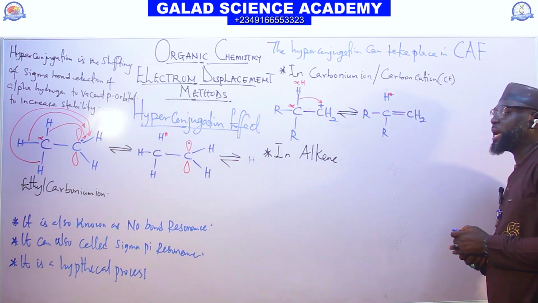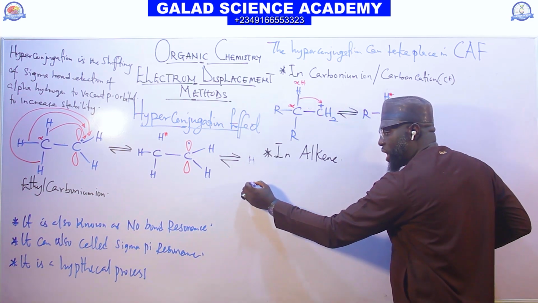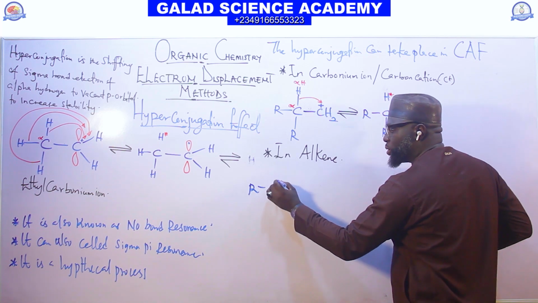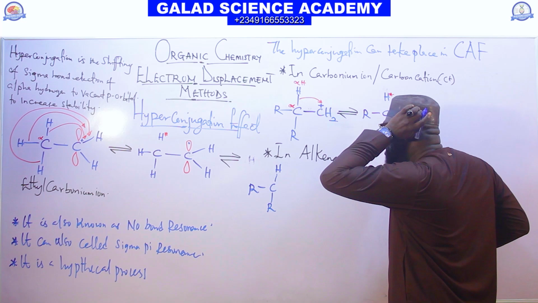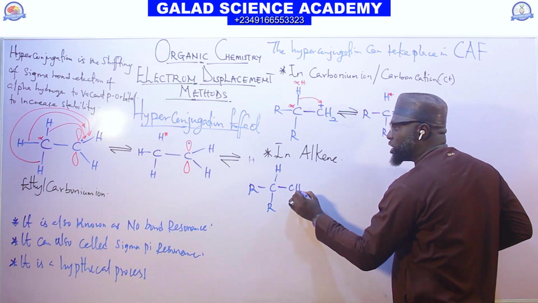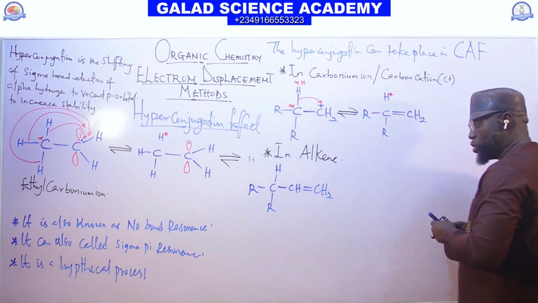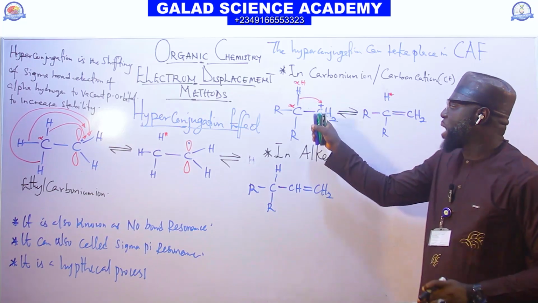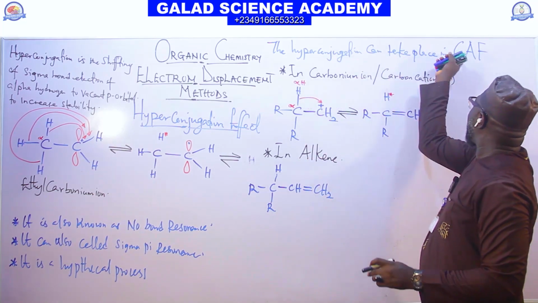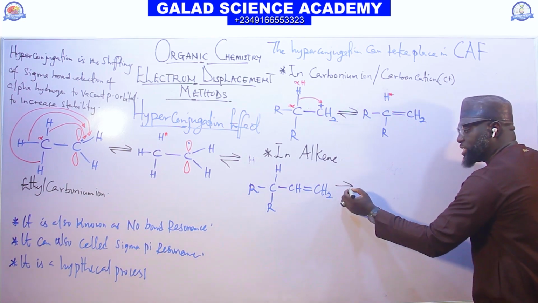And the common example for alkene, let me use this compound. We have R with carbon, and we have hydrogen with the alkyl group. Let me put CH here and a double bond CH2 here. This is alkene. Here we have the double bond. Here we have plus, and here we have a reversible reaction.